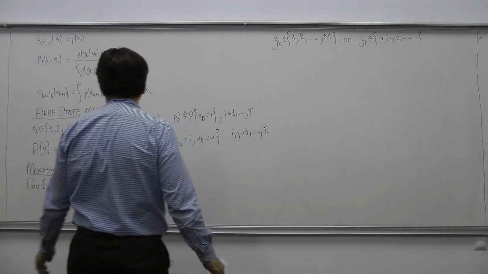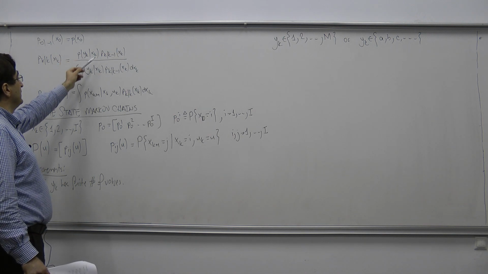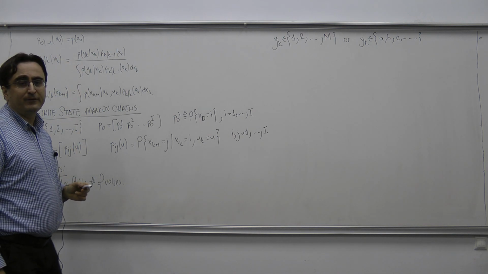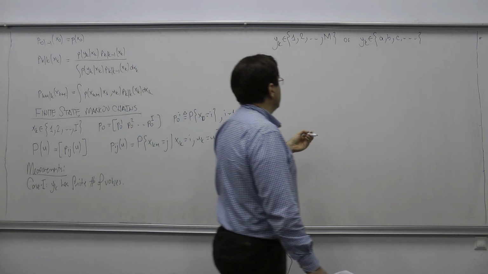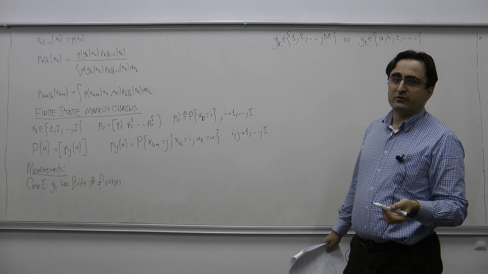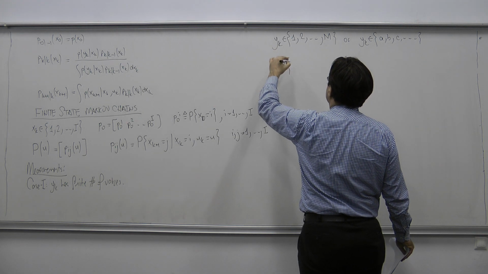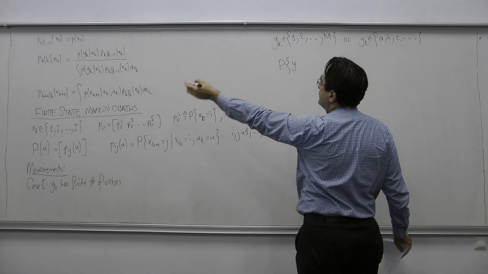In this case, what do we have to know to calculate the posterior distribution of state? Of course, we need to define the likelihood function. In this case, the output is a discrete random variable and the input is a discrete random variable. That means that the output likelihood is going to be a form of probability.